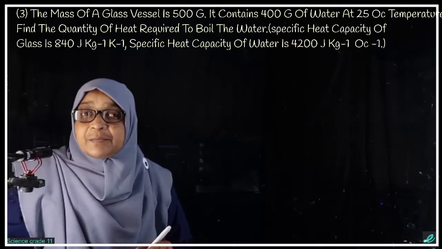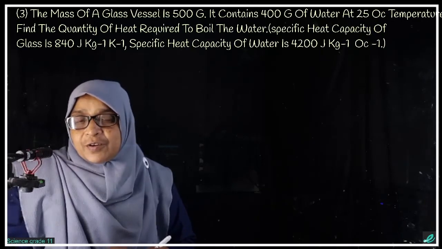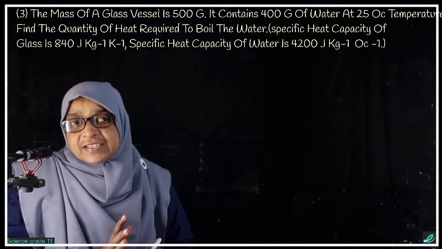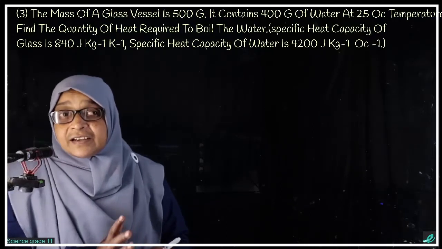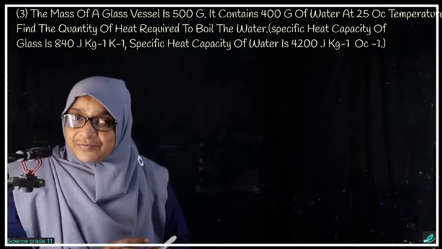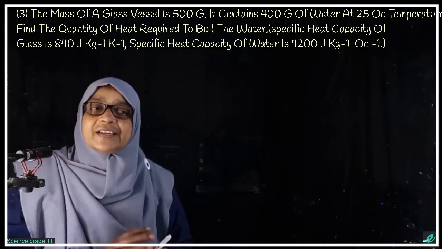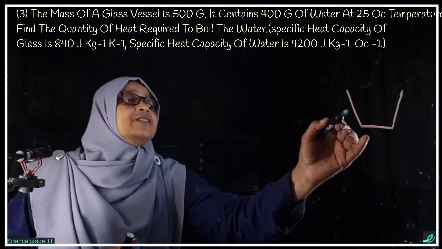Here's question number 3 from exercise 9.2. What is the question? The mass of a glass vessel is 500 grams. It contains 400 grams of water at 25 degrees Celsius. Here, the glass vessel and water.